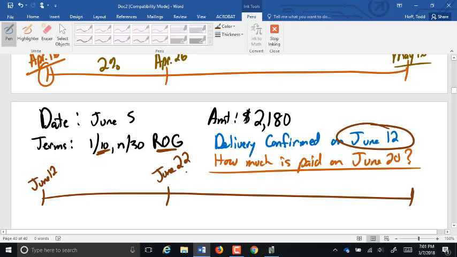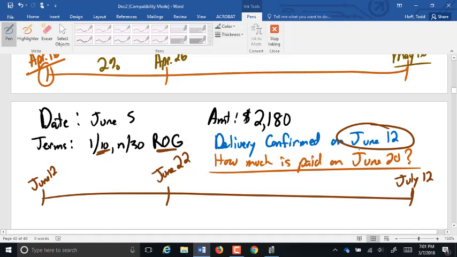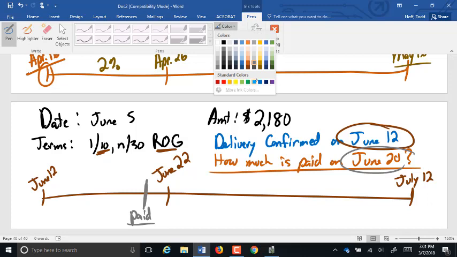Very good. 10 days past the 12th. And then, of course, July 12th would be 30 days past June 12th. Again, you can use that calendar in the book if you need to. They pay on June 20th, which means they get the discount. So how do we determine how much they paid?